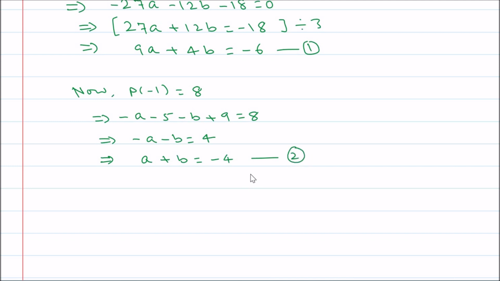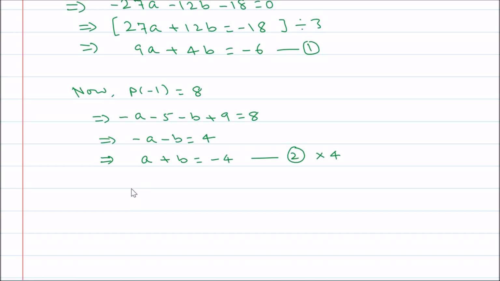What we can do? We can solve by elimination method or substitution method. I will prefer the elimination method here. So I'm going to eliminate the term with b. In the first equation we have 4b, so here also we need 4b. So I am going to multiply by 4.